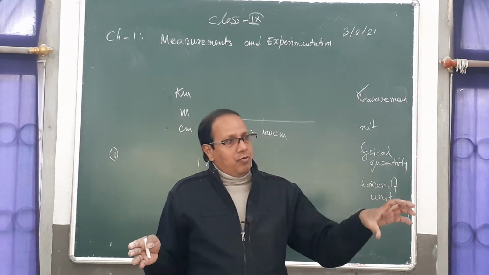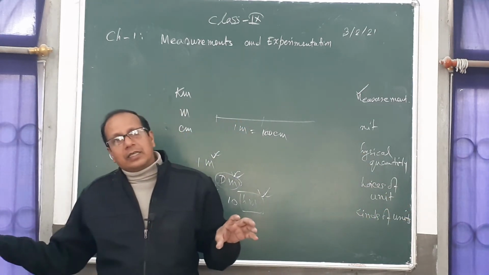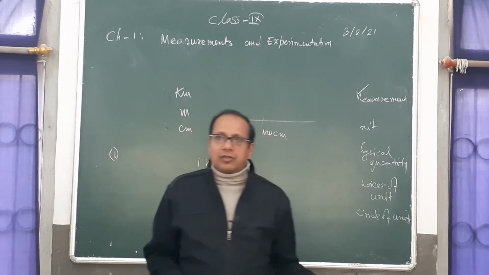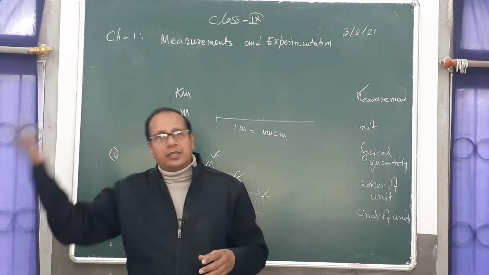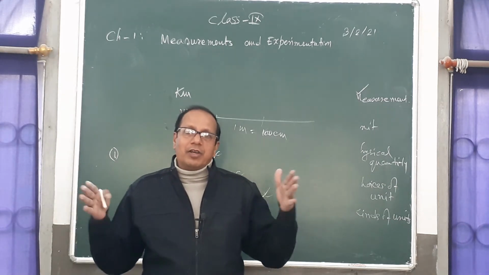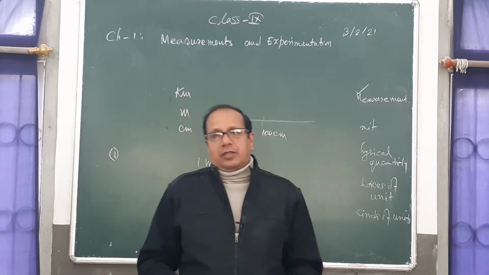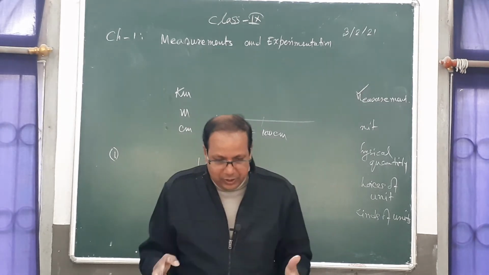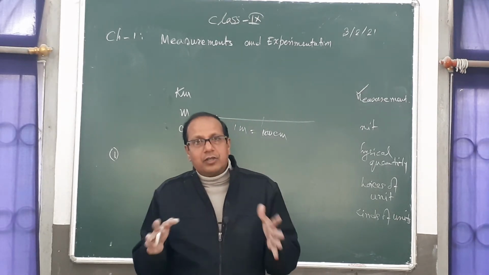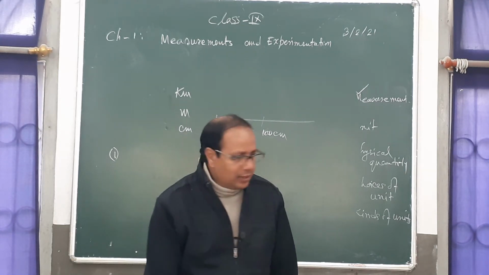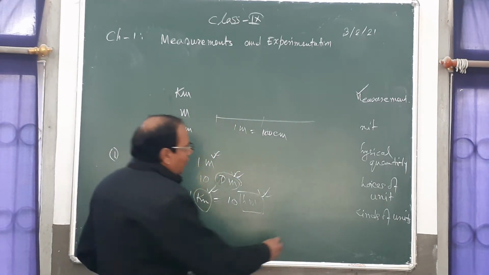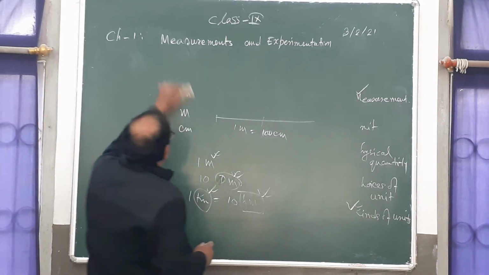Today 1 meter, after 10 days also 1 meter, after 10 years or after 100 years also the length of 1 meter will remain the same. So the size or value of a unit should be constant. It never changes.